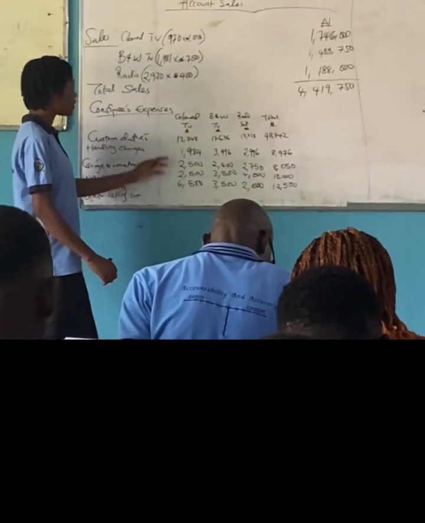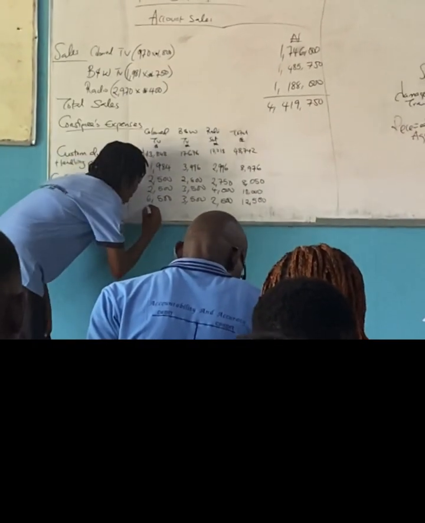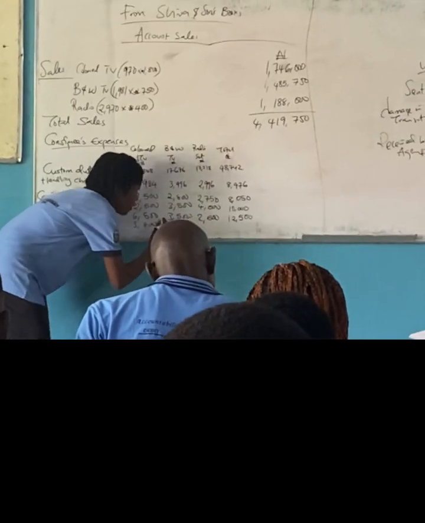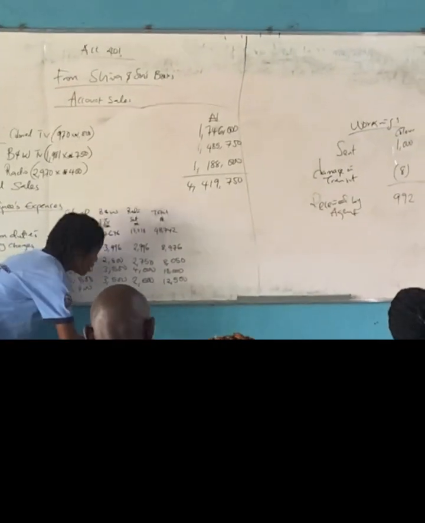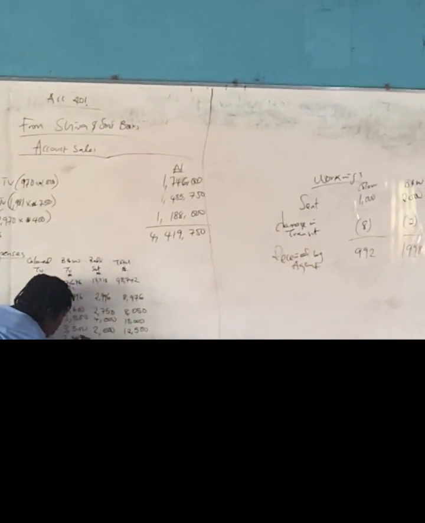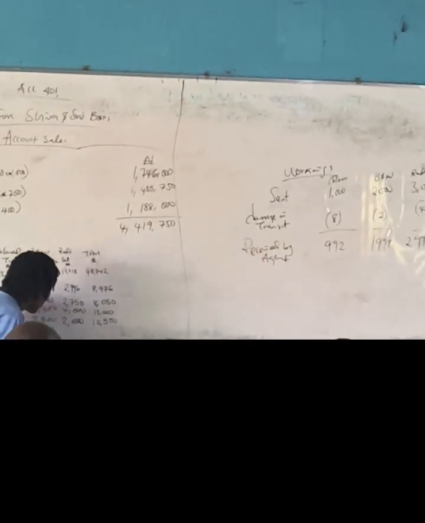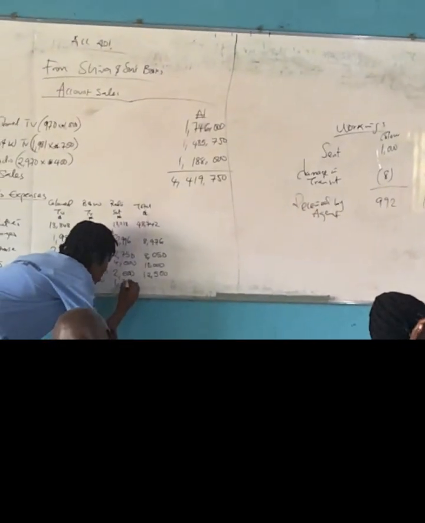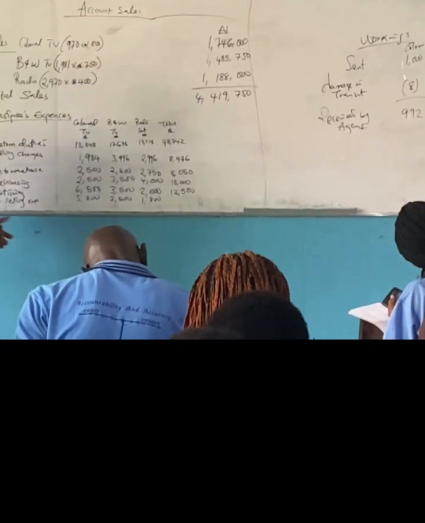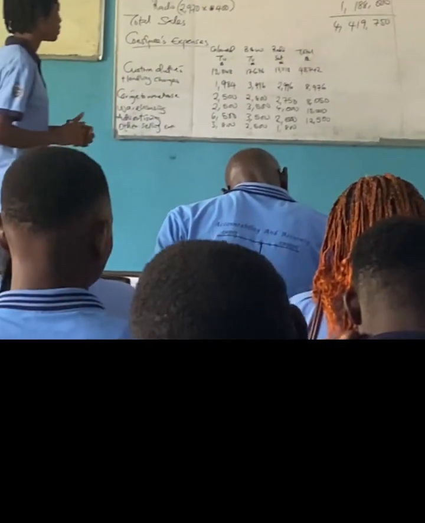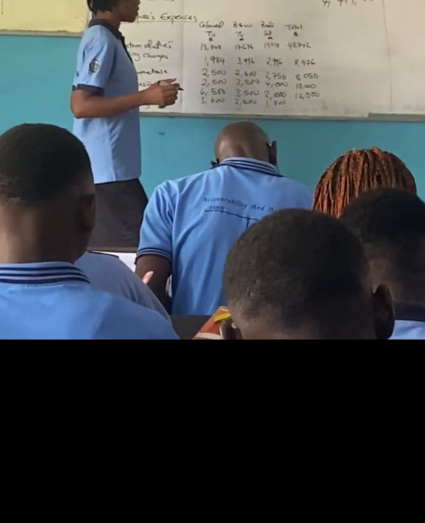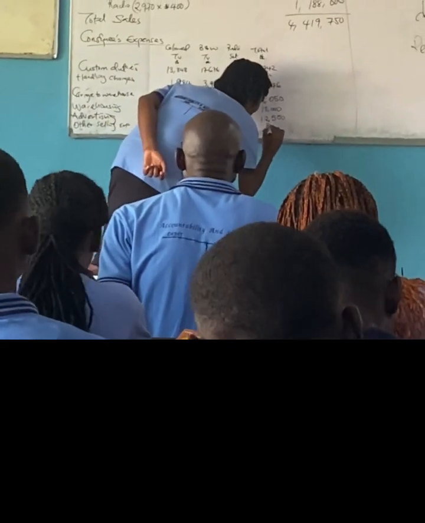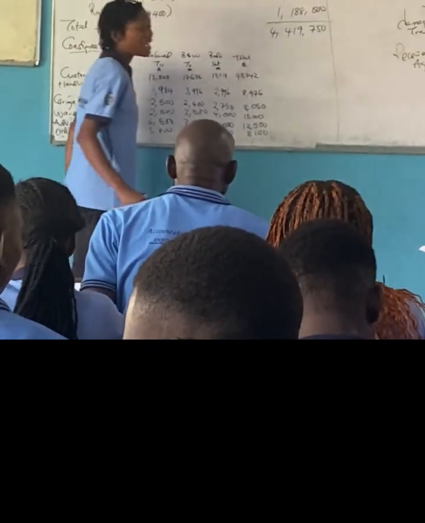Okay, for color TV how much? 3,8. For black and white? 2,5. For radio, 100. Any other expenses?